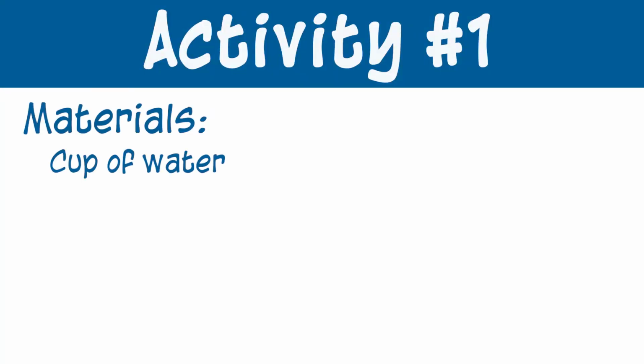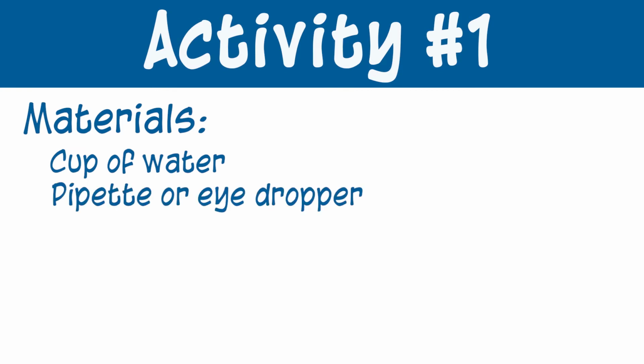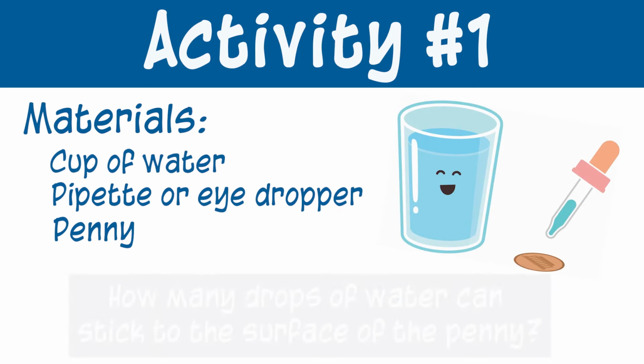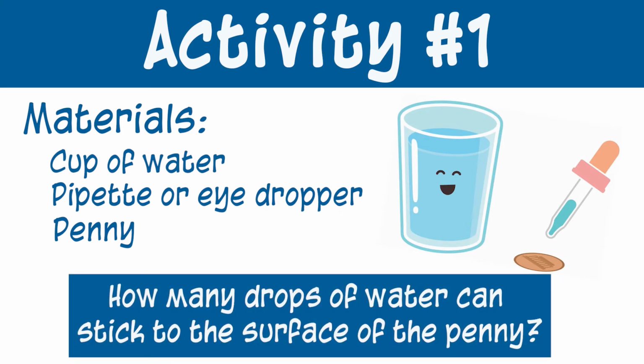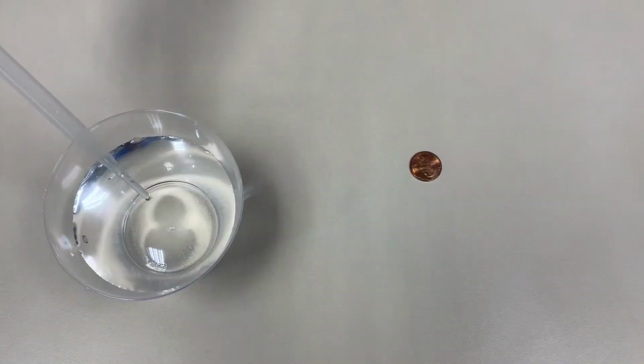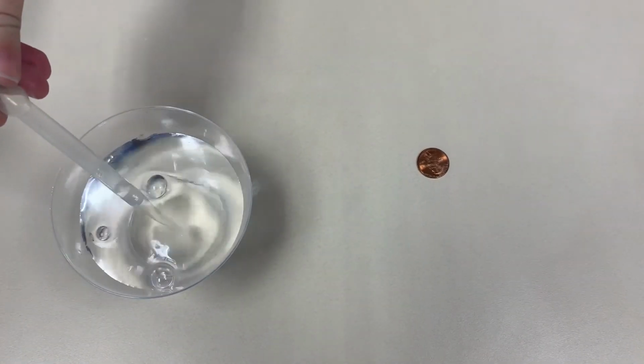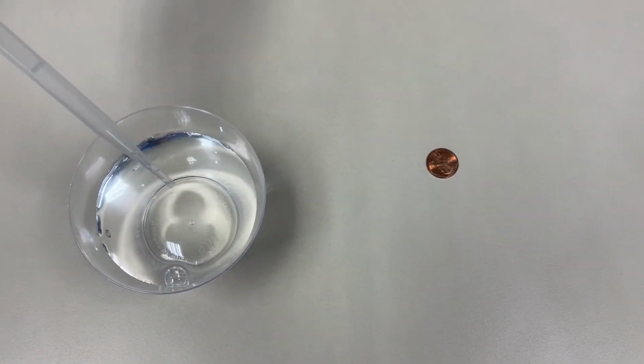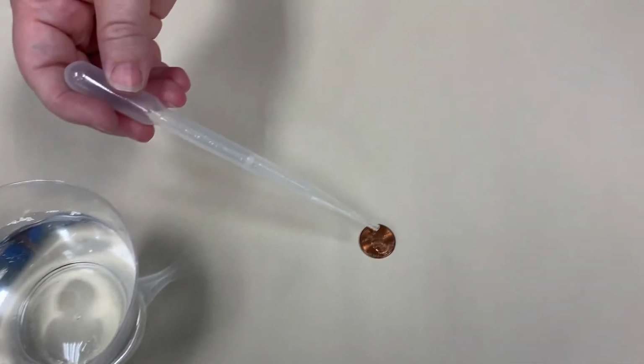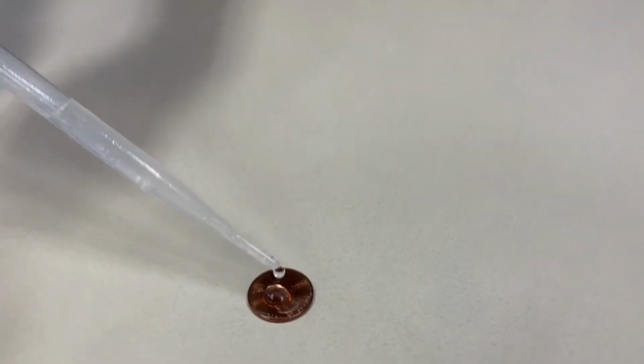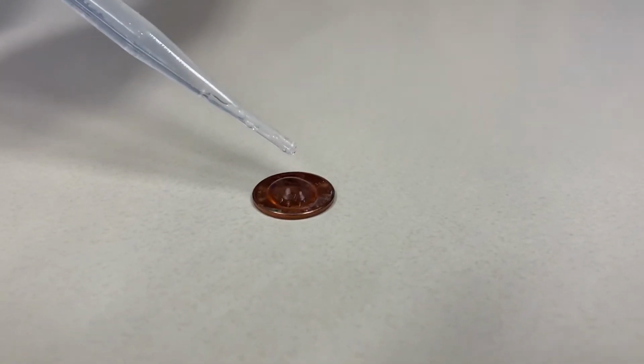For our first activity, you're going to need a cup of water, a pipette or eyedropper, and a penny. And we're going to see how many drops of water we can get to stick to the surface of the penny. First, we're going to fill the eyedropper with water. Then, slowly add drops of water to the surface of the penny.